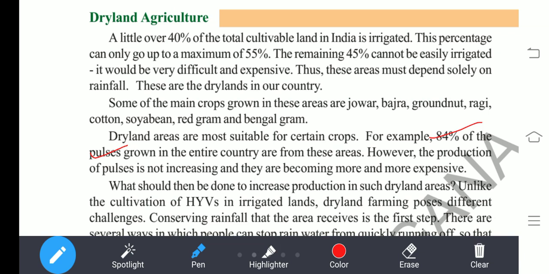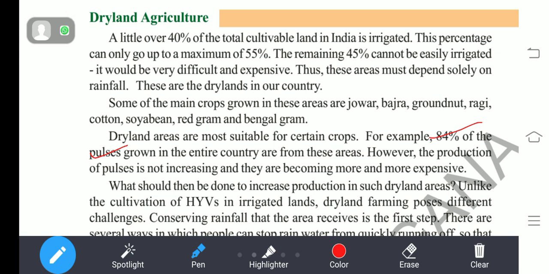There is uncertainty in the rainfall, right? Sometimes it may lead to floods. So the expenditure on growing the pulses is increasing, and production of the pulses is not increasing.